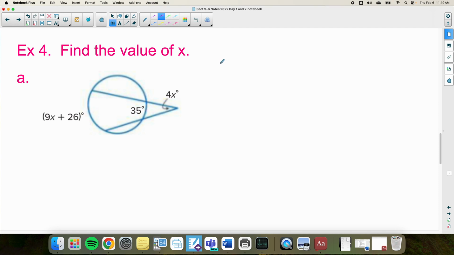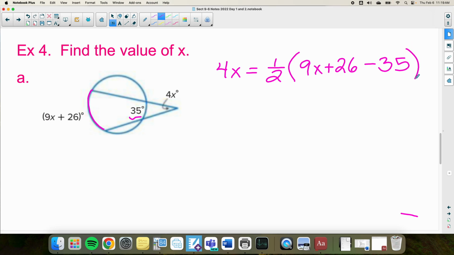And it's always that angle, which in this case is 4x, equals 1/2 times this arc, which is 9x plus 26, and then I'm going to subtract this arc, which is 35.